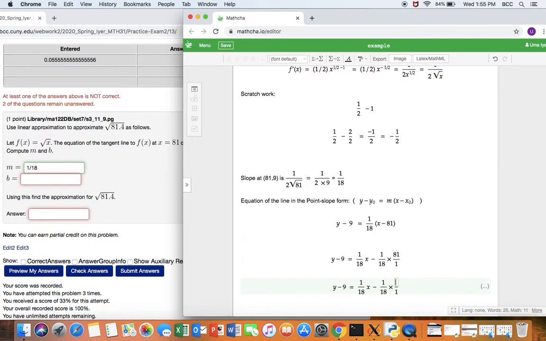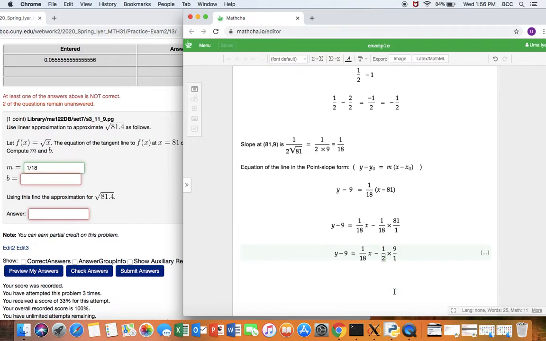So 9 goes in 81 9 times. 9 goes in 18 2 times. Now when I multiply across, I get 1 times 9 to be 9. 2 times 1 to be 2.